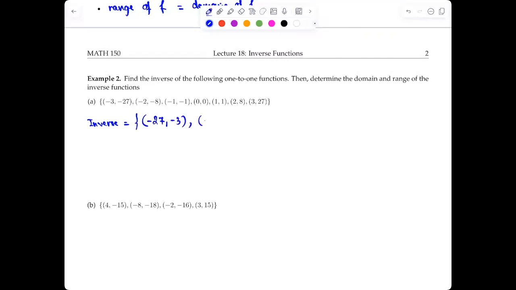The second point is -8, -2. The third point is -1, -1. The fourth is 0, 0, and then 1, 1, 8, 2, and 27, 3. Because we are working with a set, the result has to be written inside curly brackets.